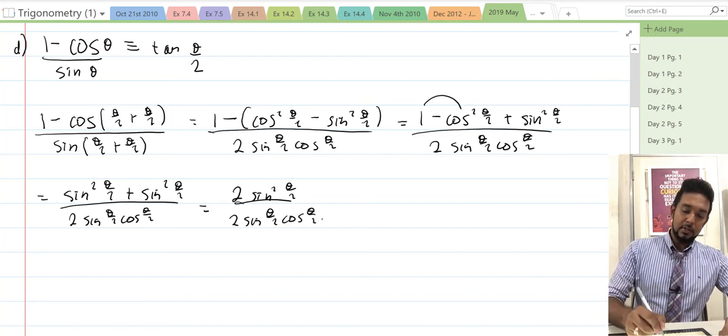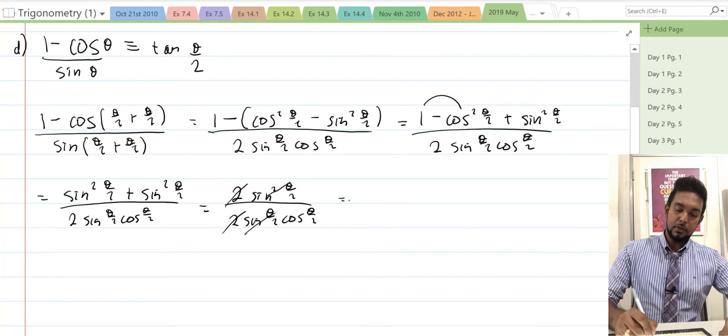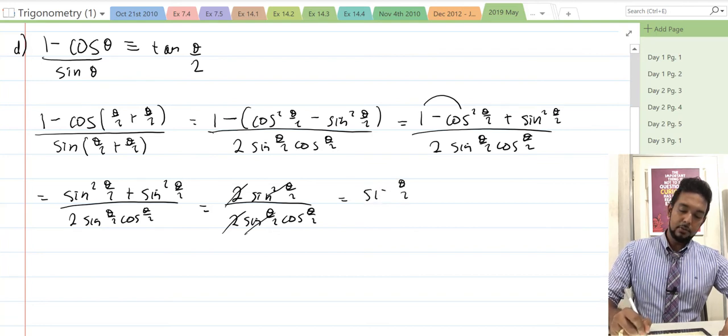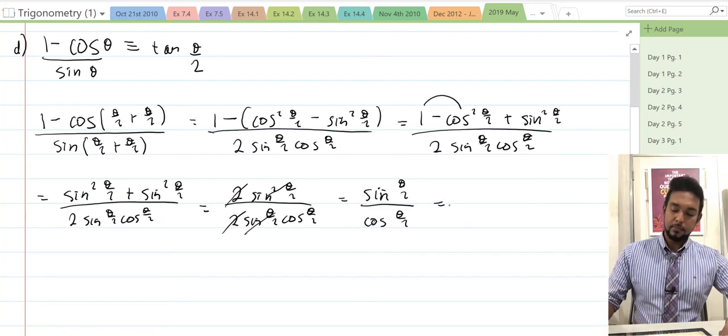What could cancel there? 2 will cancel with 2, sine with sine squared, giving sine in the numerator, so we have sine of theta over 2 all over cos of theta over 2, and sine over cos is tan.